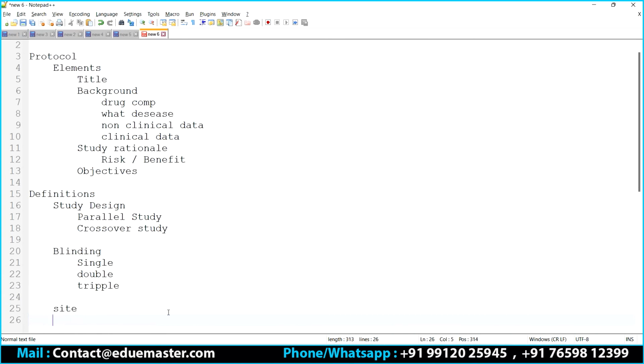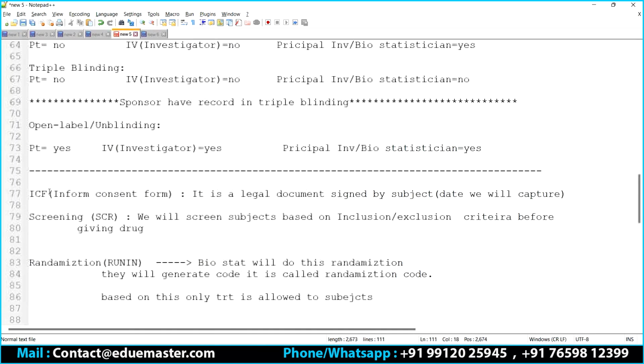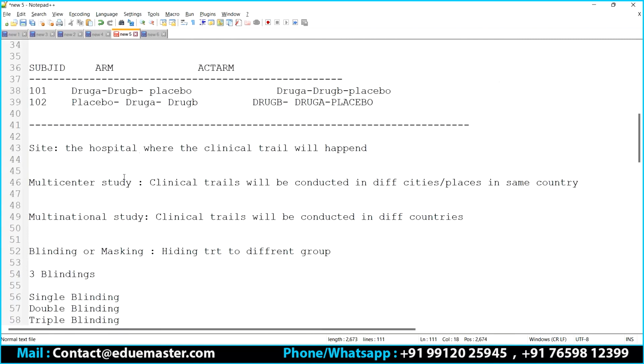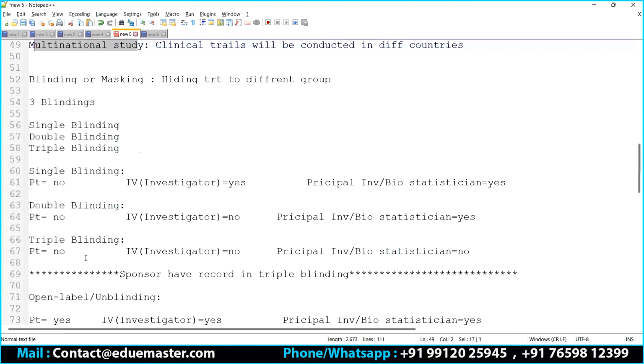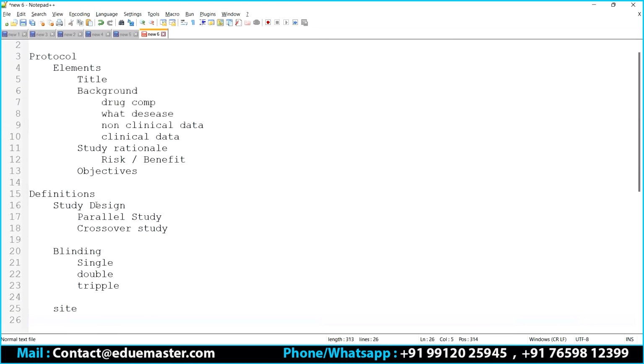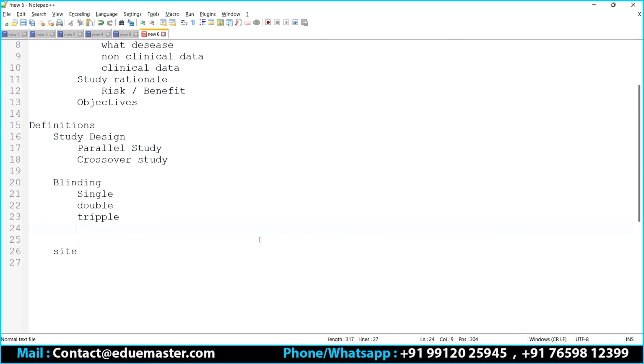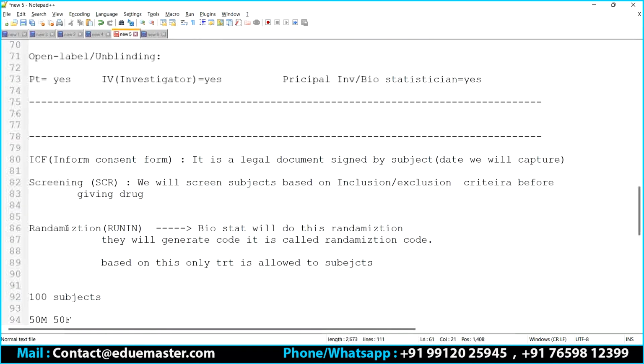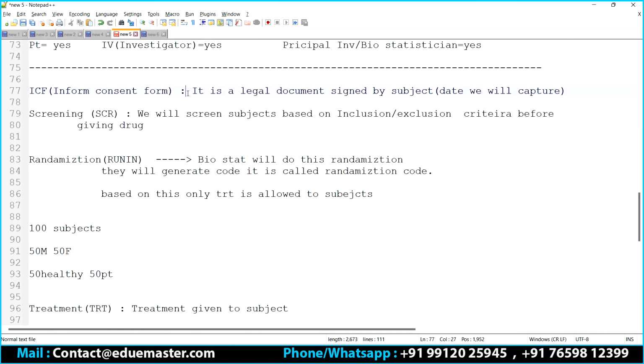That is very straightforward, but we need to understand it. In addition to that, there are a few more: what is called a multi-center study, what is called a multinational study. We also talk about unblinding. Sometimes we go with unblinding also, no blinding at all. We will discuss that. And then we talk about ICF, screening and evaluation.